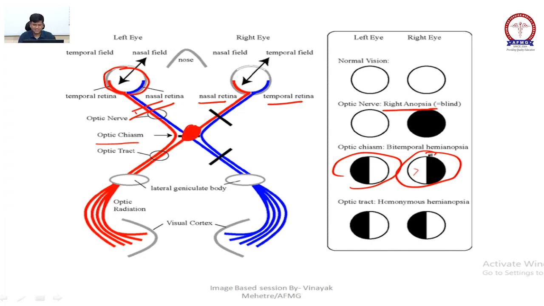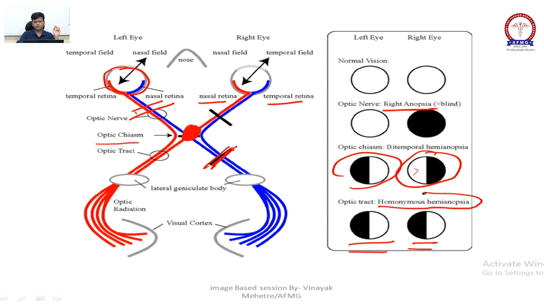Okay, now if there is damage in the optic tract, right sided optic tract is gone, so in the left side there is loss of nasal fiber, right? In the right side there is loss of temporal fiber, so there will be loss of temporal vision and nasal vision on the same side.